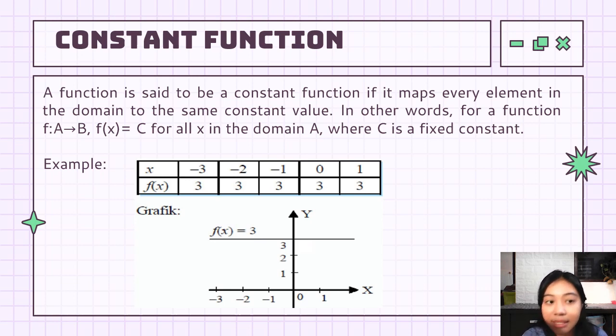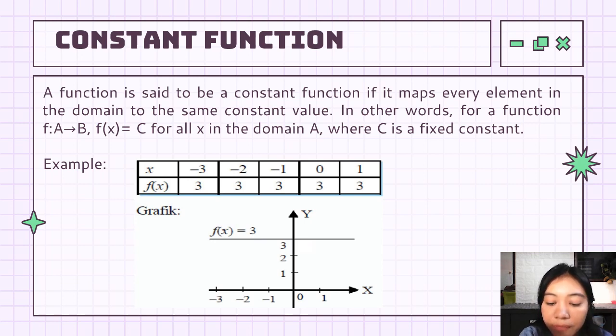You can see there is an example in the slide: f from R to R given by f(x) equals 3 with a domain of -3 ≤ x and x < 2.